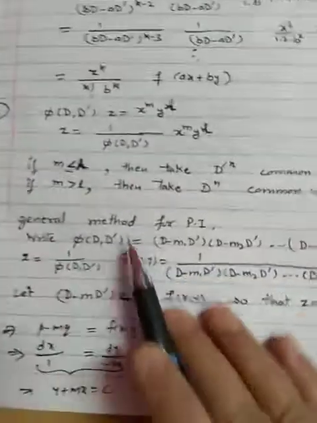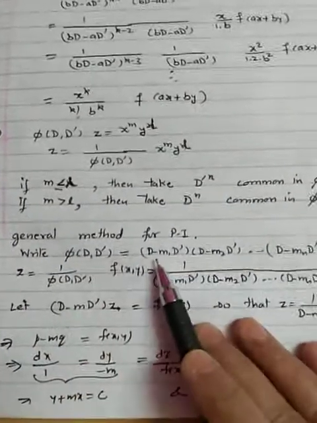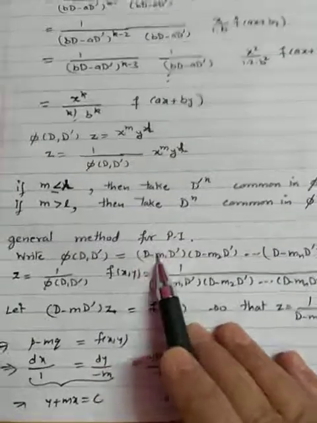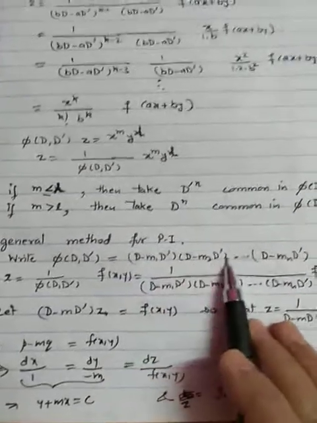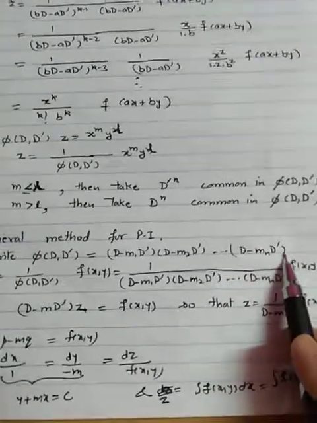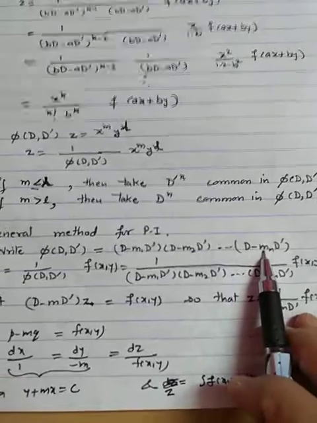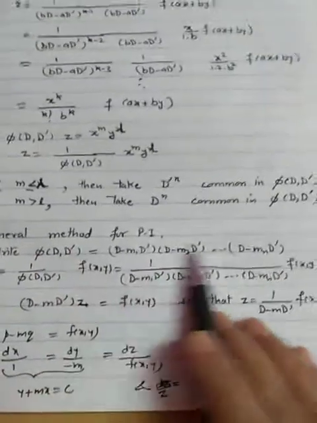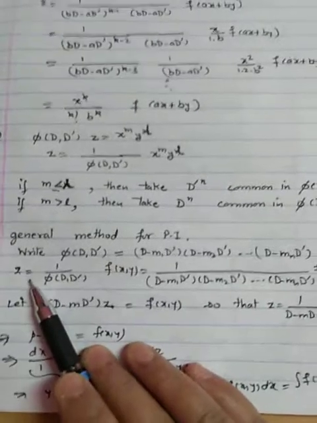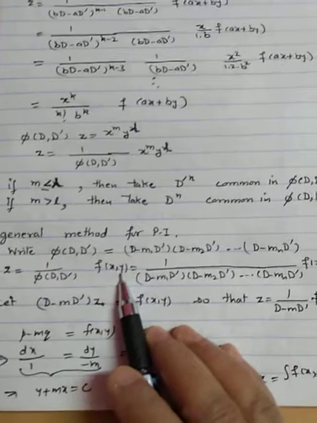The general method for finding the PI is that we write phi(D,D') as a product of these factors, (D minus m1 D'), (D minus m2 D'), ..., (D minus mn D'). You remember these m1, m2, mn, they were the roots of the auxiliary equation. So we write phi(D,D') in this form. Now the particular integral is z equal to 1 upon phi(D,D') of f(x,y).